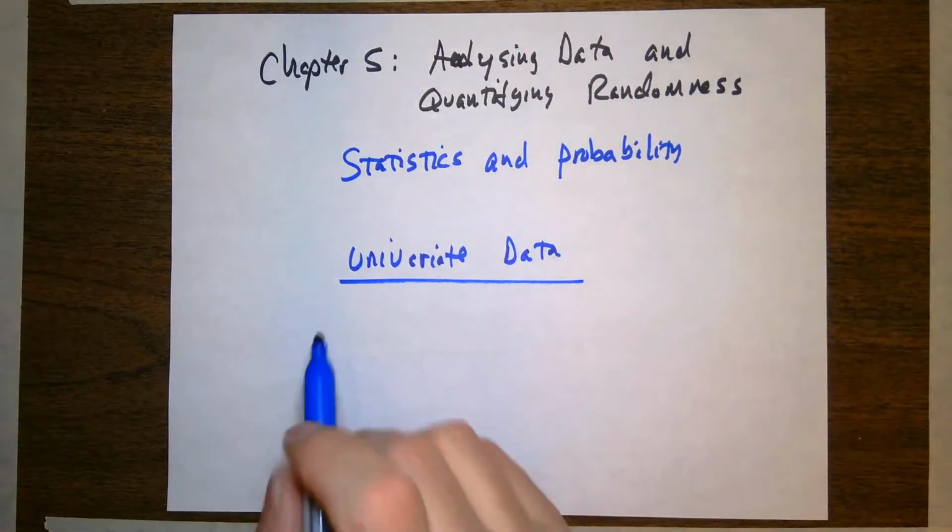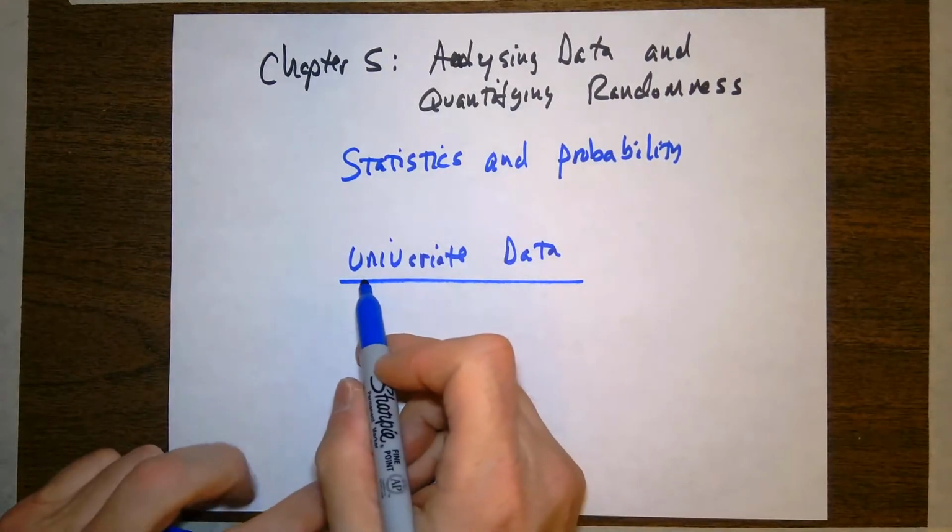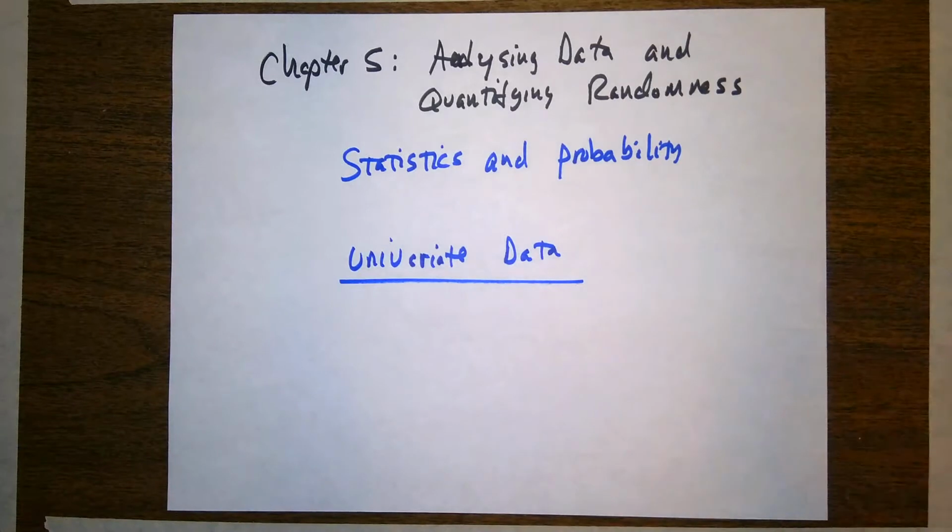It's not like a lot of data we think of, as a bivariate data. That's where we would be comparing X's and Y's, like cutting down trees in a forest and comparing how old they are and how big they are. That would be bivariate data because there are two different data sets there. But univariate data is just a single set of data.